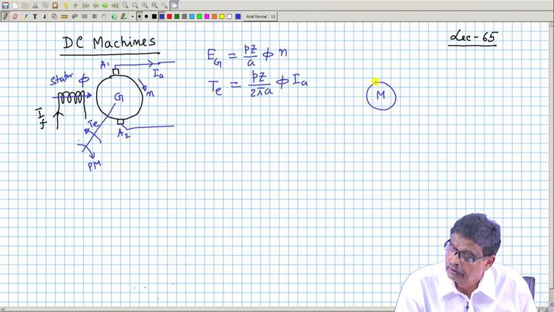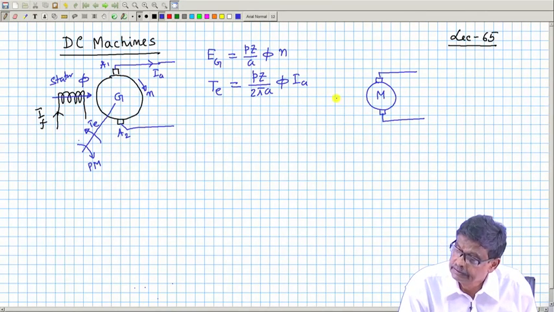On the other hand, in the motor mode, these are the brushes, and this is the field winding. We are considering a separately excited machine.